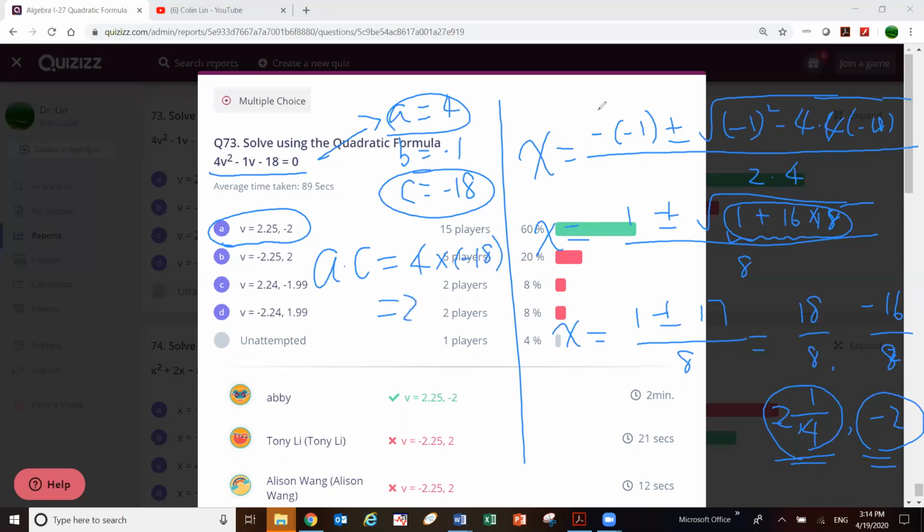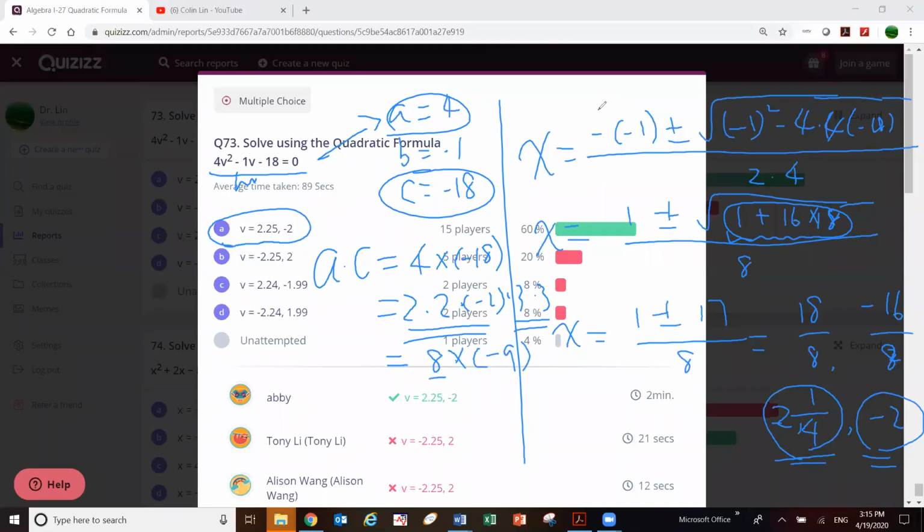We can break it down. This negative 18 can be broken down as negative 2, 3, and 3. And then find factors whose sum is exactly negative 1. We can use 8 and negative 9, right?